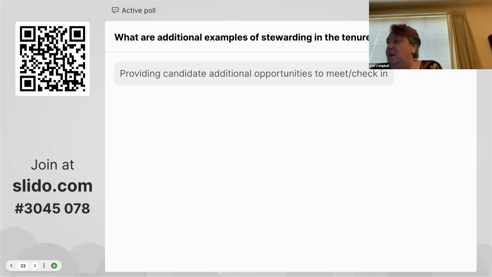Now when I serve on tenure committees, when it's my turn to review the portfolio, we get together off campus and I say, okay, show me what you want to brag about. What are you really proud of? And then, show me what you think you might need some help with or are struggling with. Instead, it's a conversation.